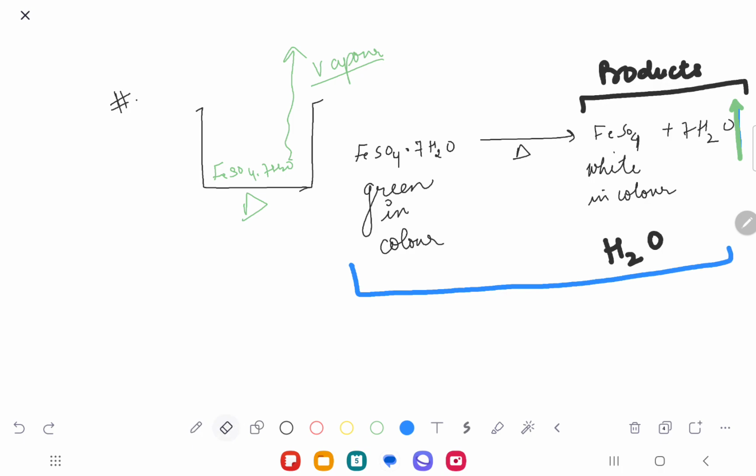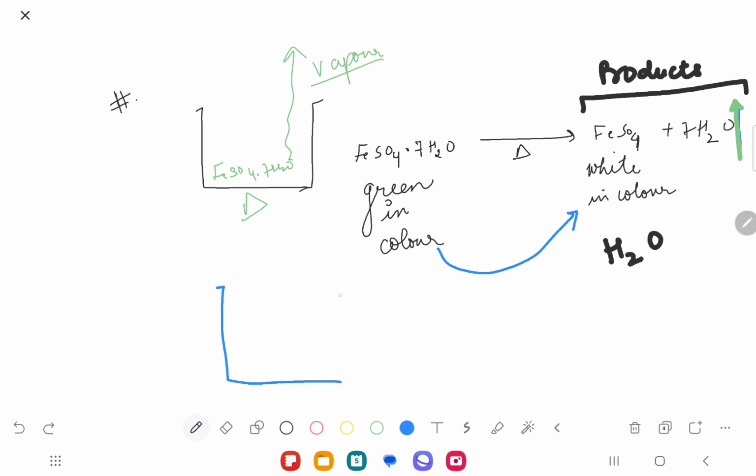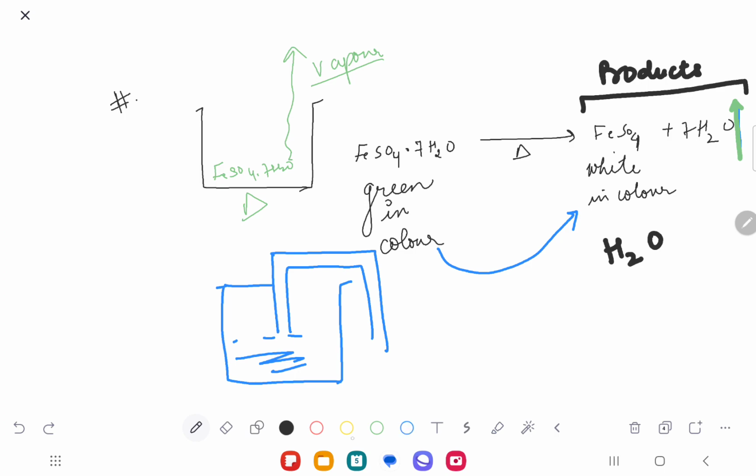So how do I understand that the reaction has been performed? How do I confirm that? The color is changing, right? And if something is coming out, what can I do? I am performing the reaction here. I can close the beaker and put a pipe into a second beaker, which has some liquid in it.